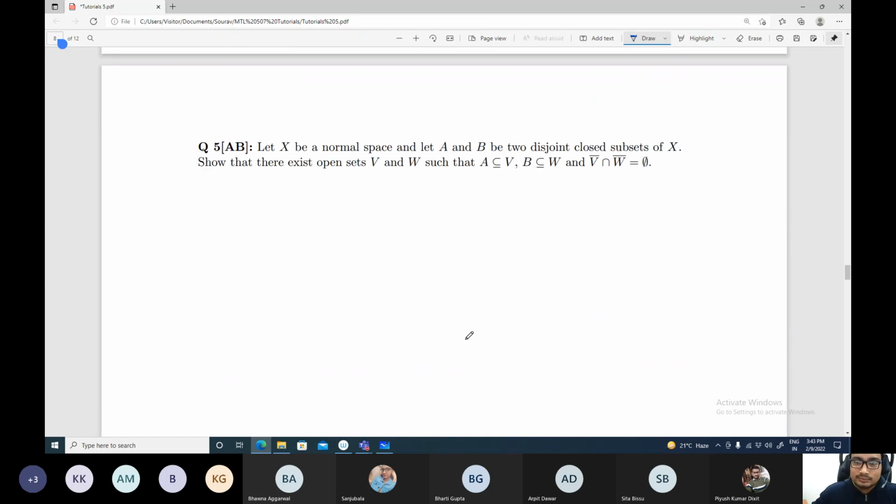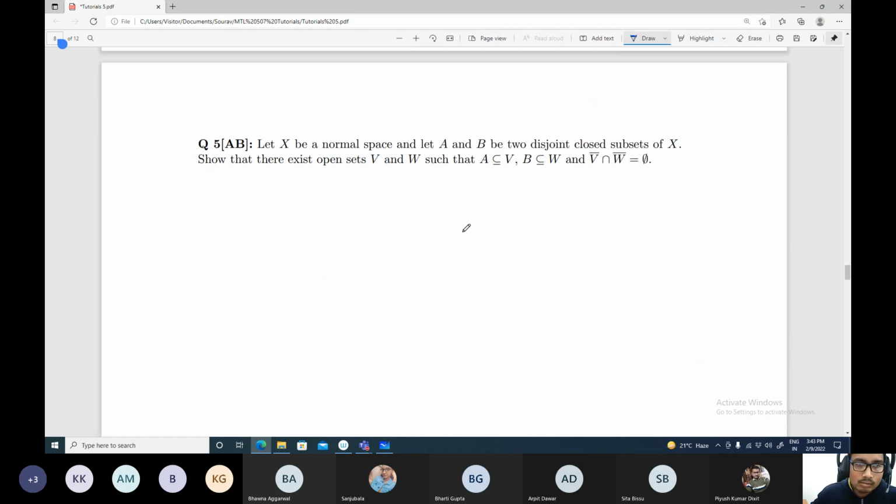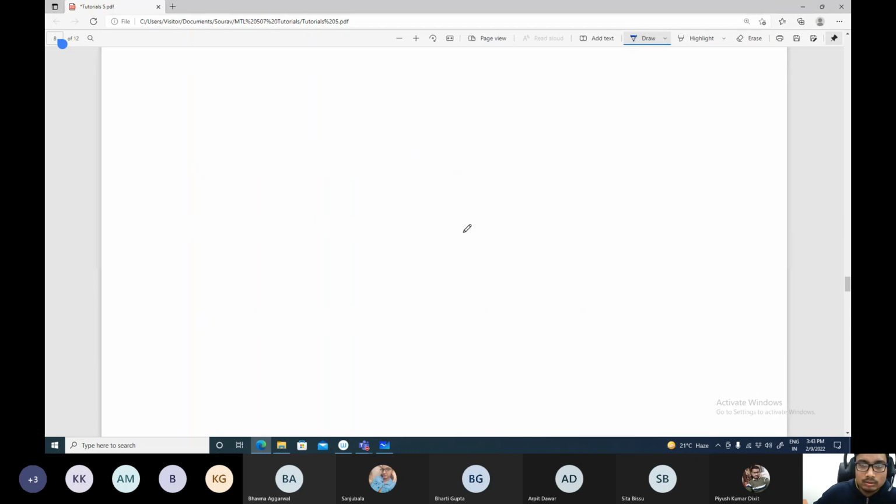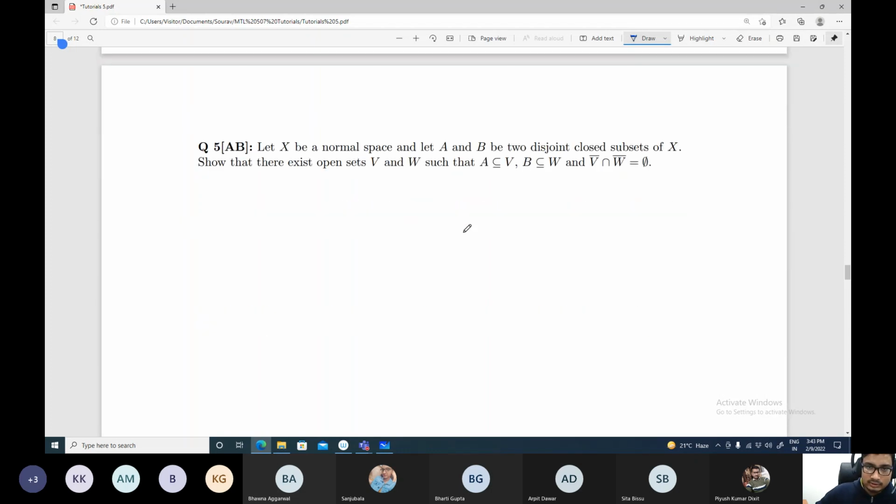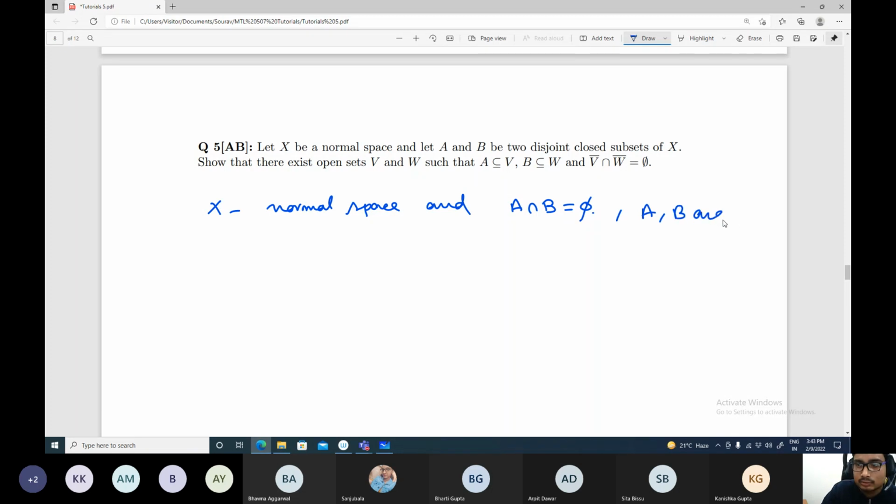Now this one. First understand the question. It is given that X is a normal space and A intersection B is equal to empty. Then from the definition, A and B are closed.